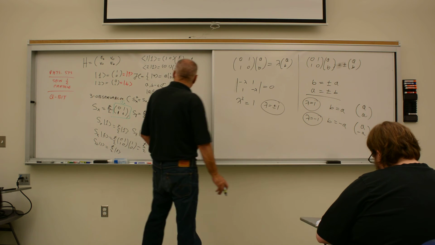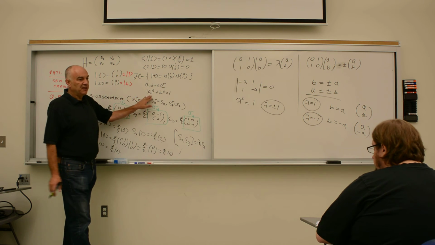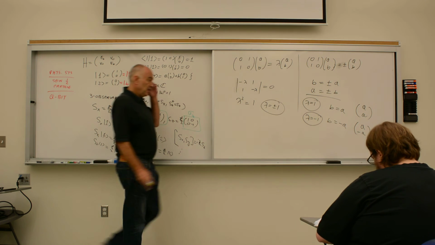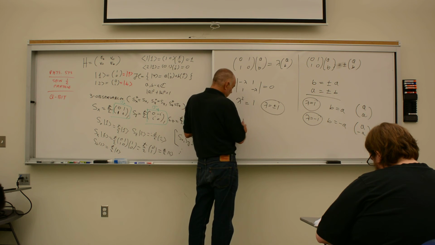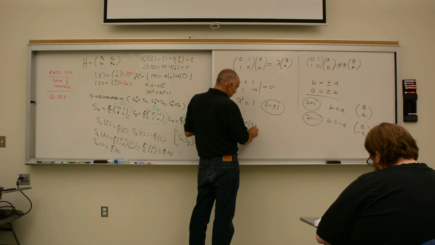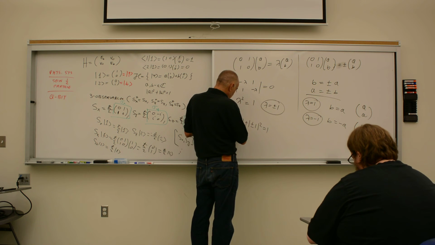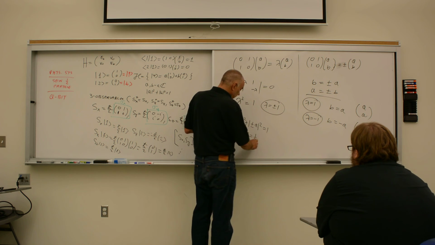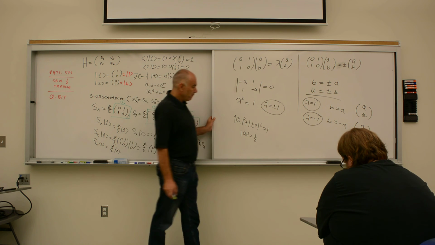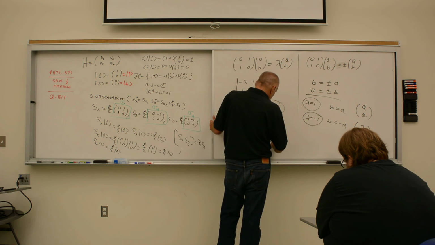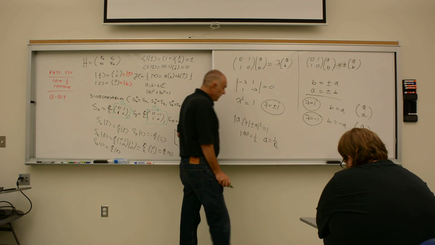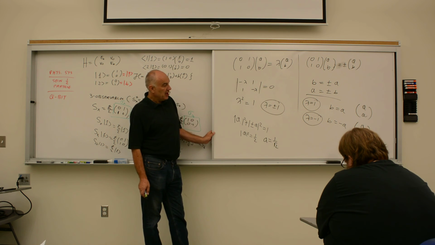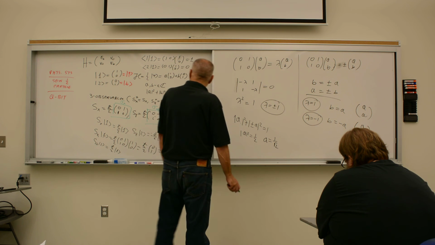Don't forget that the states in a Hilbert space satisfy the normalization property. So regardless, we have 1 plus minus 1 squared is 1 times A squared. So we get that A squared is 1 half. Taking constants to be positive, A comes out to be 1 over square root of 2.